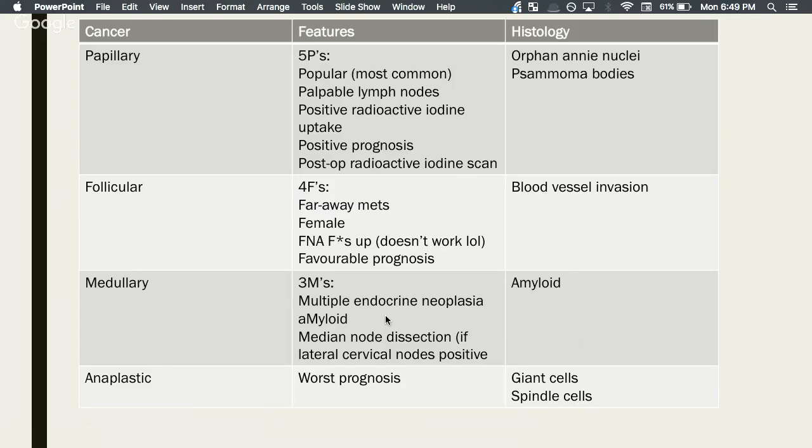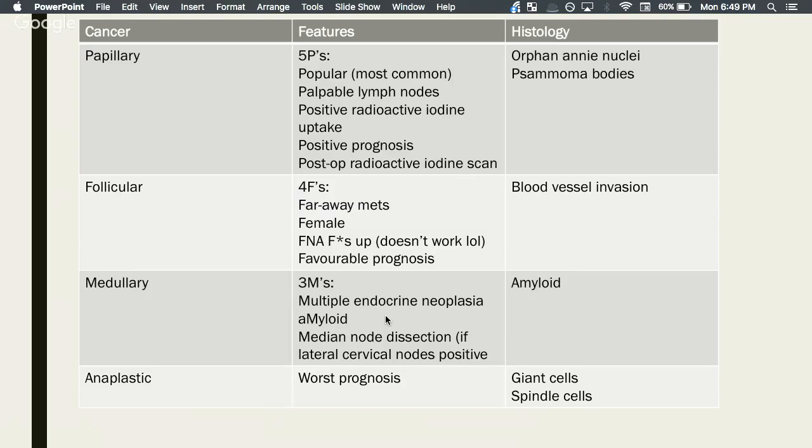In terms of follicular cancer, that's the 4 Fs: far away mets, females tend to get this, FNA really doesn't work, but it's also a favourable prognosis. On histology, the classic buzzword would be blood vessel invasion. And medullary, you have your 3 Ms: multiple endocrine neoplasia, amyloid, median node dissection.